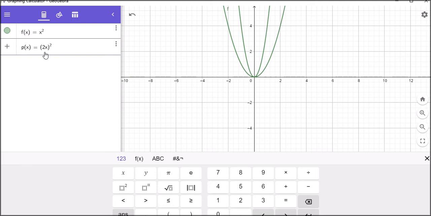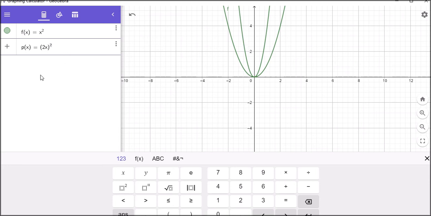That means 1 over 2 is 0.5, and this 0.5 is less than 1. So we can see this one is p. When 1 over k is less than 1, it is a horizontal compression by a factor of 0.5.